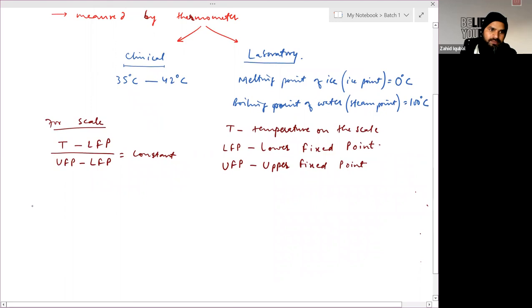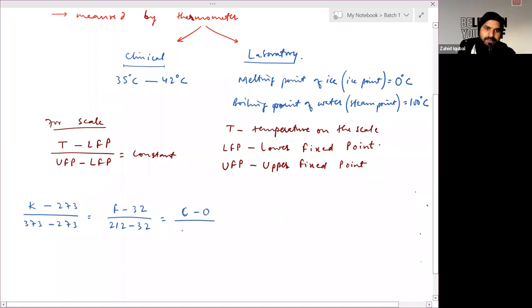Let's say in Kelvin, it will be K minus 273 divided by 373 minus 273 equals, in terms of Fahrenheit, F minus 32 divided by 212 minus 32. In terms of Celsius, it will be C minus 0 divided by 100 minus 0.